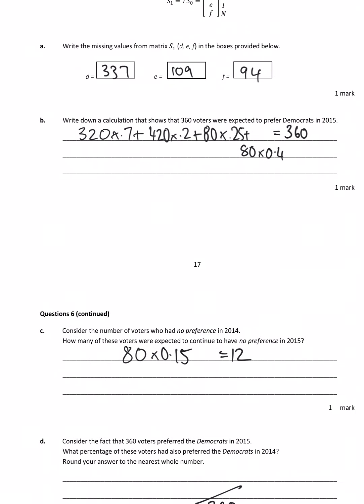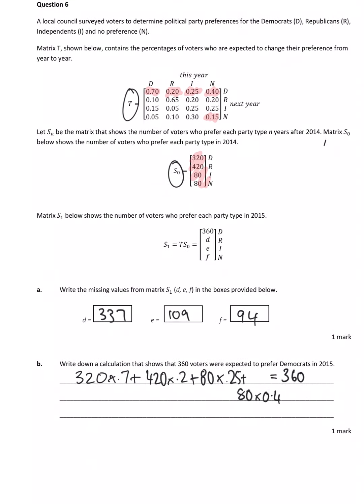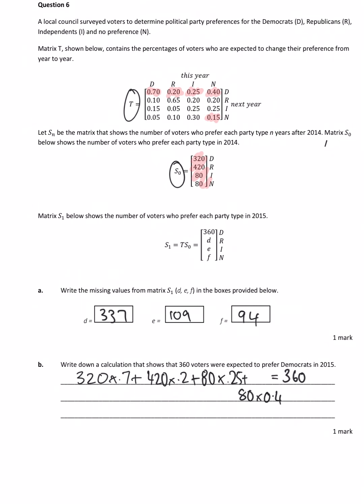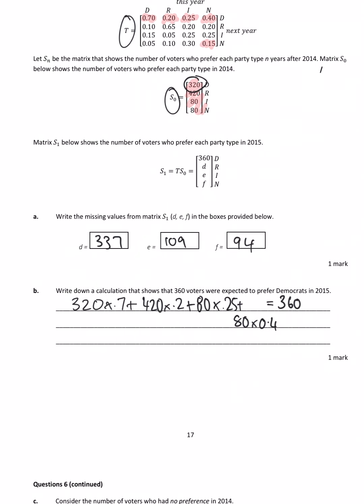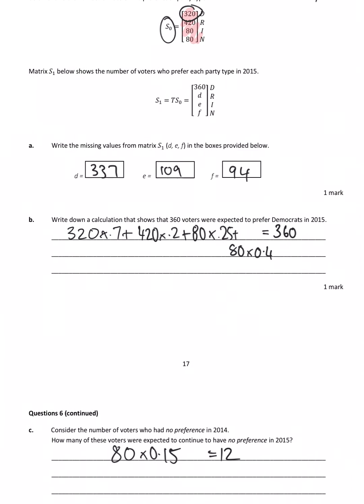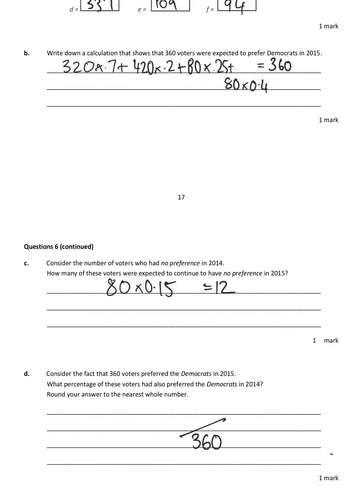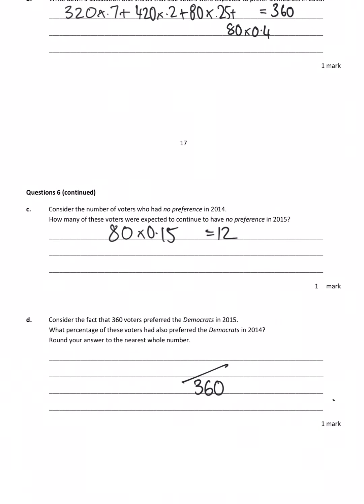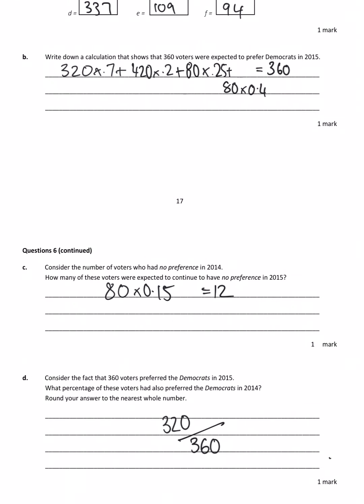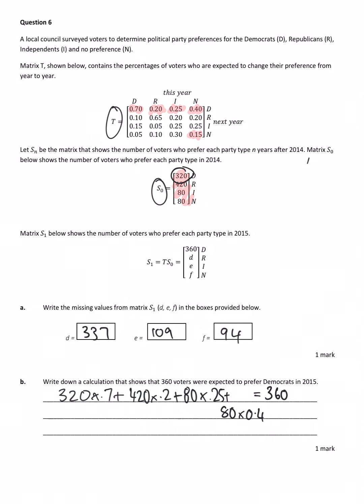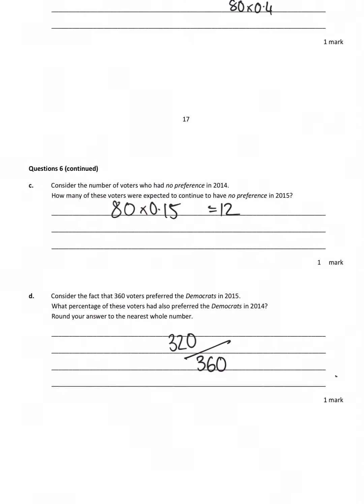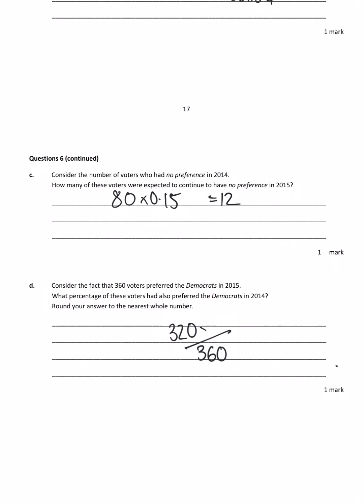What it wants to know, as a percentage, is how many come from the Democrats the year before. So if we look at the Democrats the year before in 2014, we see that there's 320 people. And the ones in 2015 that will stay as Democrats, looking at our transition diagram, is 70%.